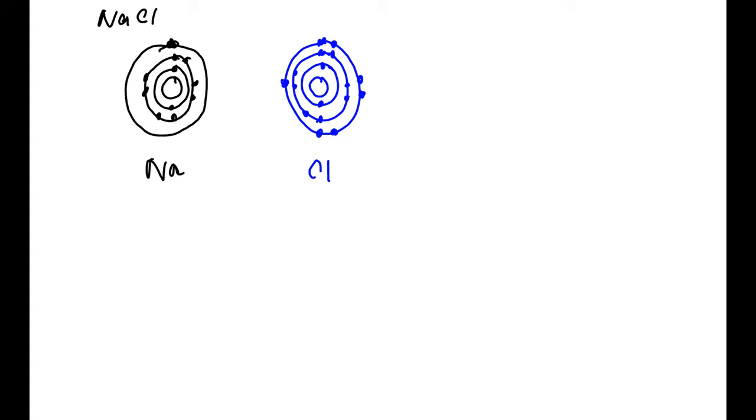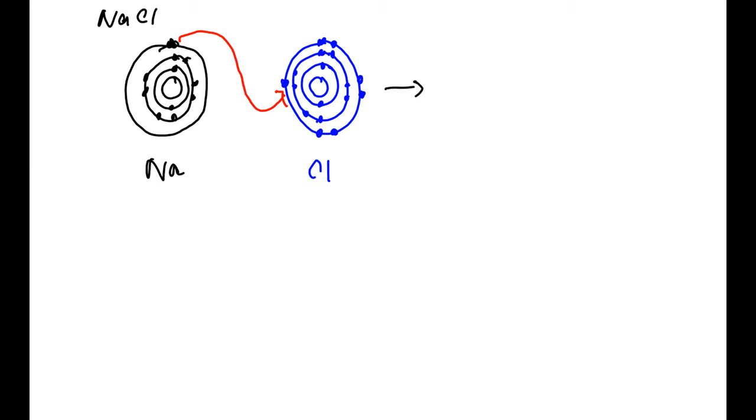Okay, so show how sodium chloride forms from sodium and chlorine atoms. This is what you would do. You would draw the Bohr diagram. You would show this is losing an electron, and chlorine is going to pick it up. I am showing where that valence electron is coming from, where it is going, and then the result.